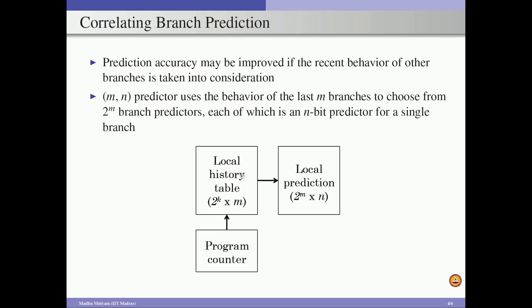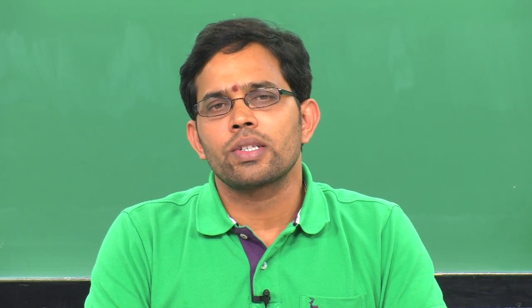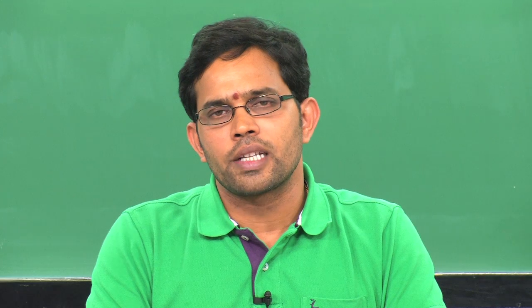Once you have that m-bit information, we index into this local predictor table, and this in turn gives an n-bit information, and using that n-bit information we make a prediction for our branches. As a result we can minimize the interference because of multiple branches mapping to the same entry, whatever we have seen in the previous example. So, now we will illustrate this correlated branch prediction mechanism with an example.